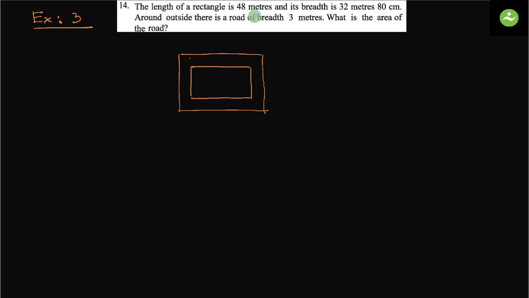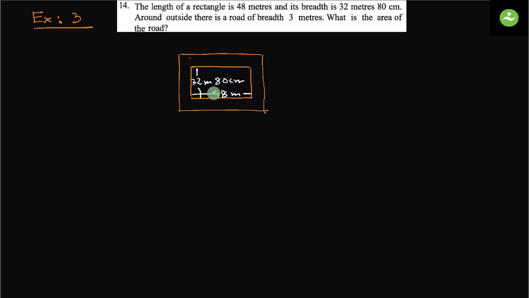The length is 48 meters and the breadth is 32 meters 80 centimeters. This is 48 meters and this is 32 meters 80 centimeters. This is the breadth and this is the length.